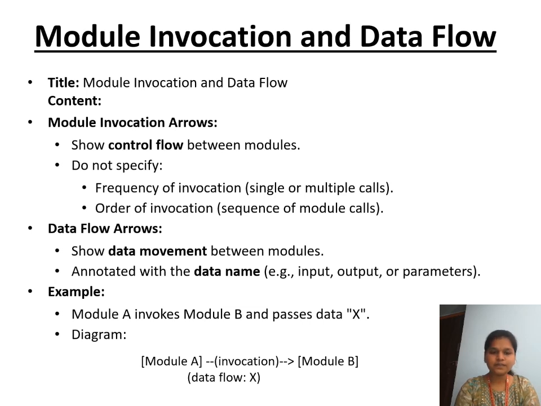Data flow arrows show data movement between modules, annotated with the data name, for example input or output or parameters, etc. Here is the example: Module A invokes module B and passes data X. Here is the basic diagram of the module invocation and data flow. So let us consider two modules, module A, that is invoked by module B, and the data flow is taken as X.